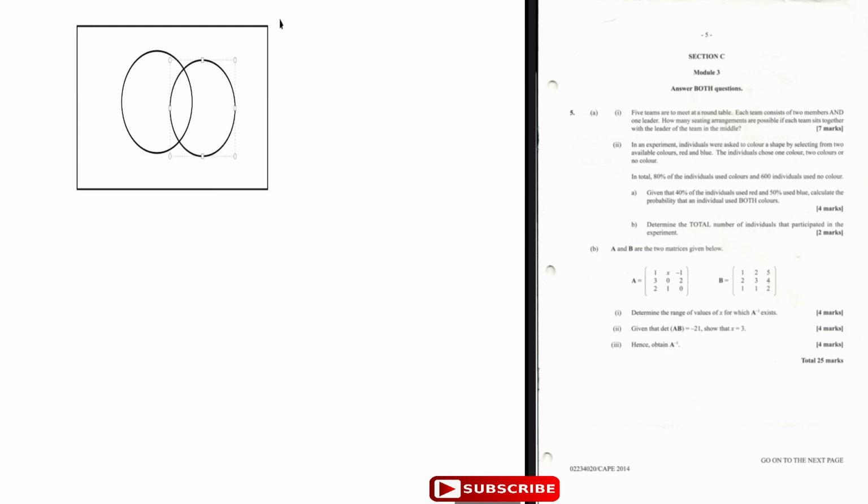One of the colors is red and one is blue. So maybe we can put red here and blue here, and then this would be the 2 colors.